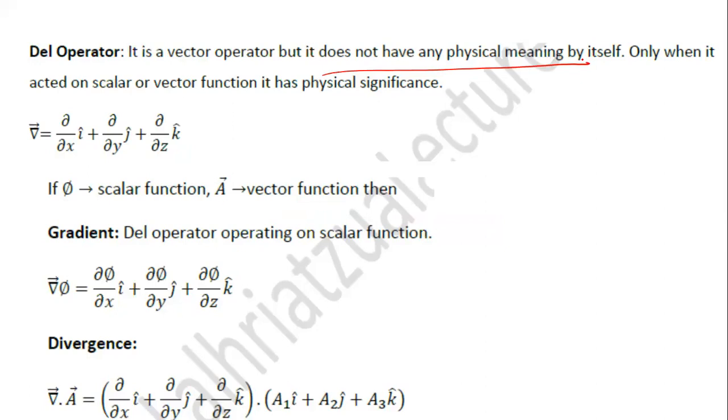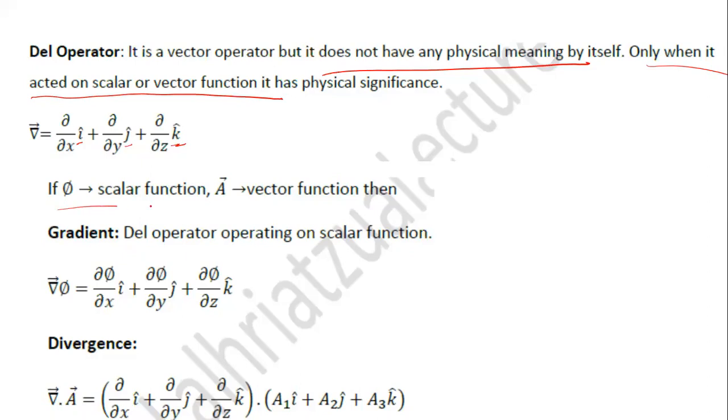It is only a certain mathematical operator, having vector quantities like i cap, j cap, k cap, the unit vectors along the three-dimensional Cartesian coordinates x, y, and z axis. So only when it acts on certain physical, like scalar and vector functions, it has a physical meaning. We will look into that.